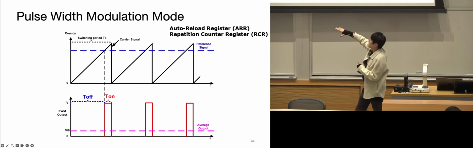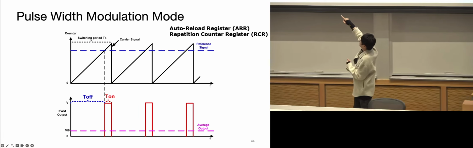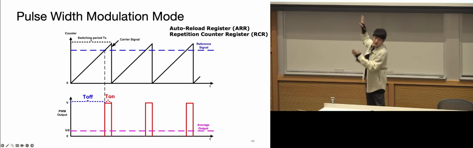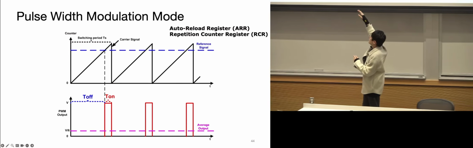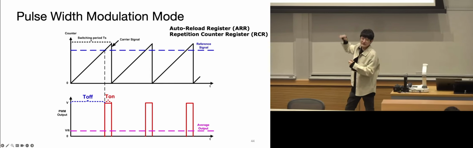So you can essentially have another signal that looks wider than this or narrower than this. And together they correspond to an average output value at a different level.